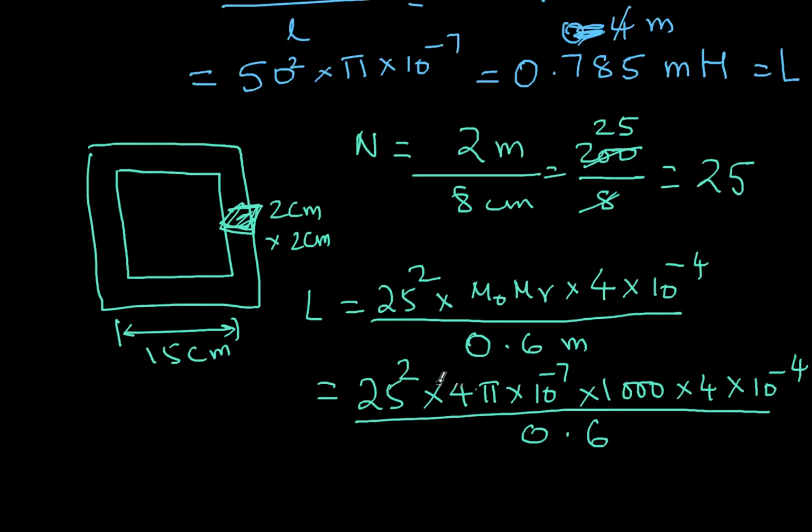I think I'll do it right away in the calculator. These 3 zeros I'll cancel out here. Still there will be 1, so I'll put a point here, 0.4 to compensate for that. I can cancel out these 2 points, so I have 4 by 6. Now let's get the calculator.